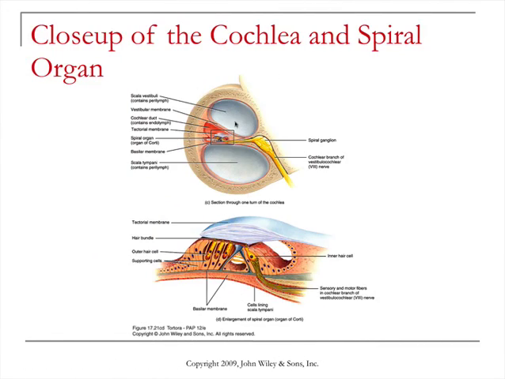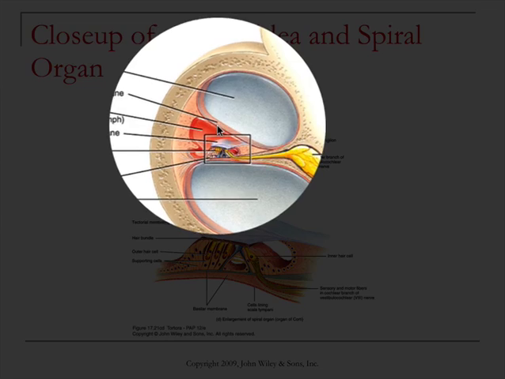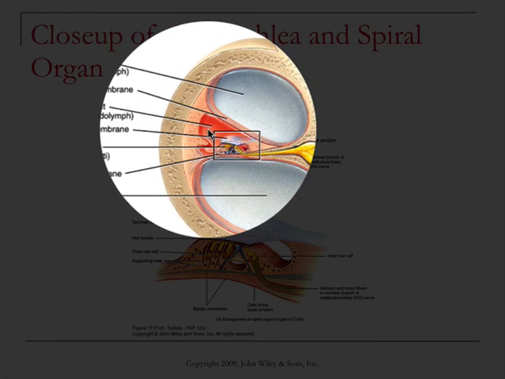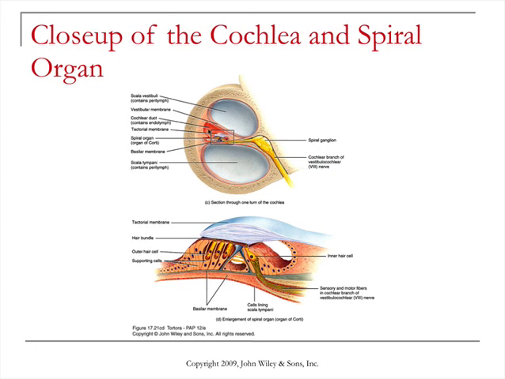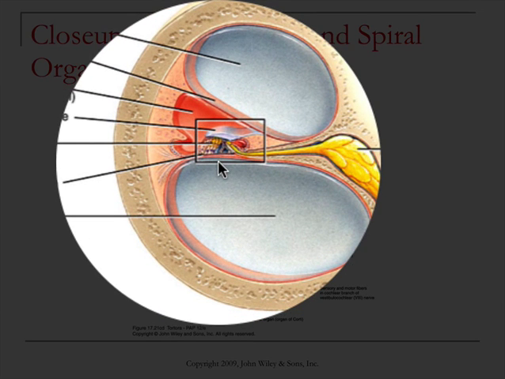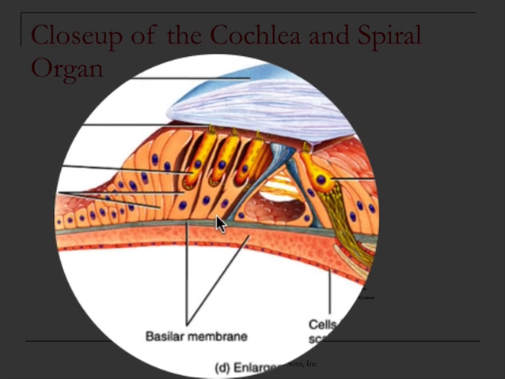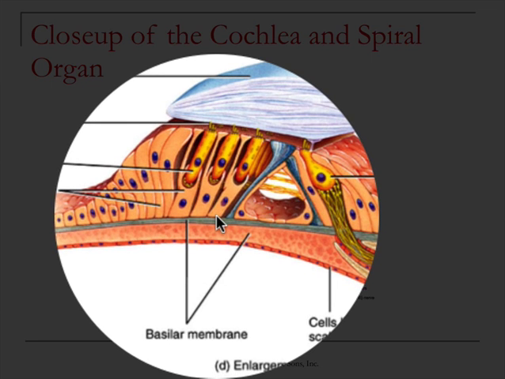As mentioned before, pressure waves that are traveling in the scala vestibuli push down on this vestibular membrane, which then causes a pressure inside of the cochlear duct. We can see inside of the cochlear duct the organ that contains the sensory receptors, called the spiral organ or organ of Corti. And here we have the organ of Corti magnified.